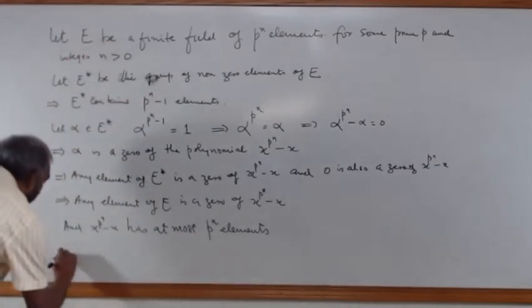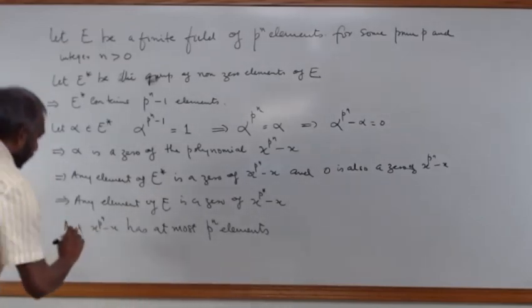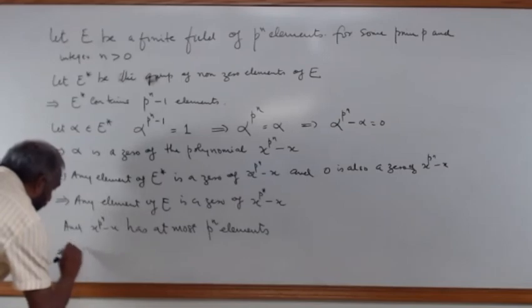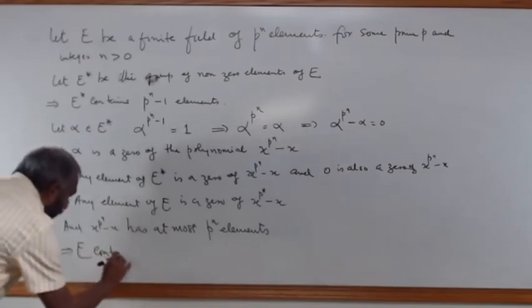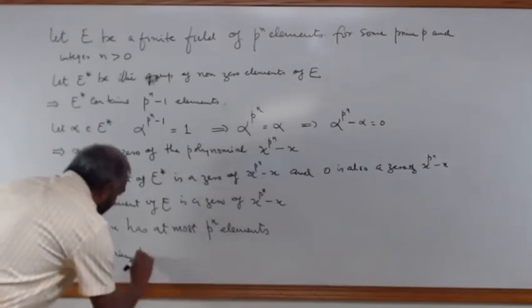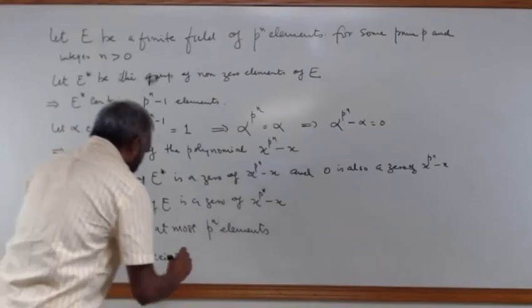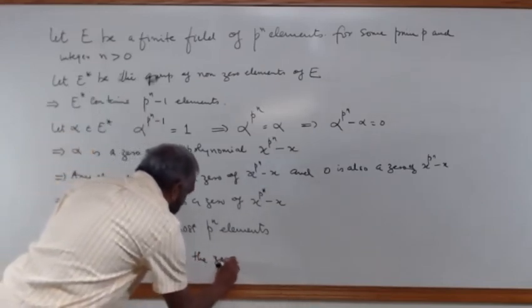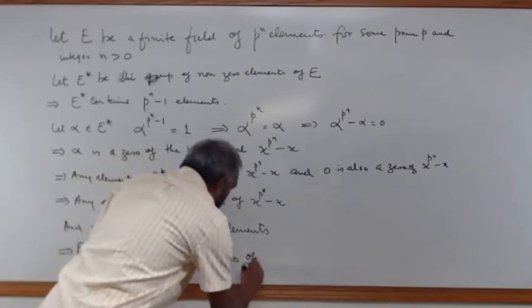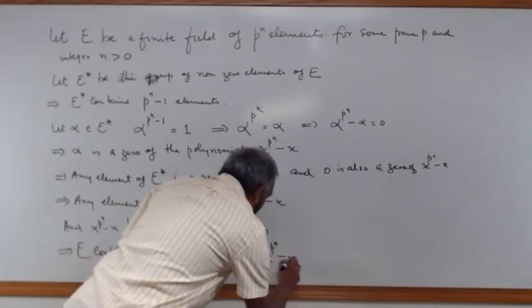So that means E contains precisely the zeros of x to the power of p^n minus x.